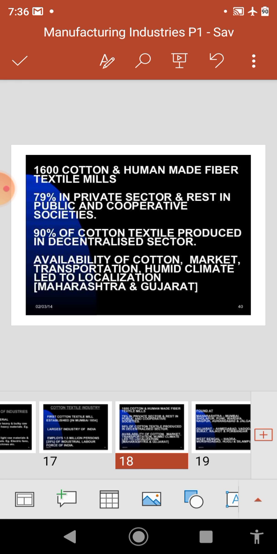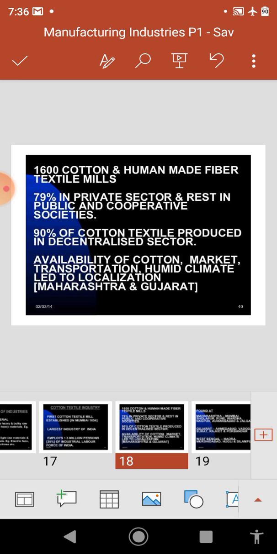Second point, demand creative. This industry is a demand creative industry as it supports many other industries such as chemicals, dyes, packaging materials, and engineering works.